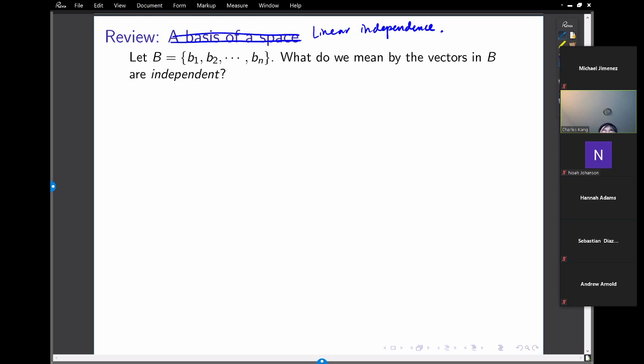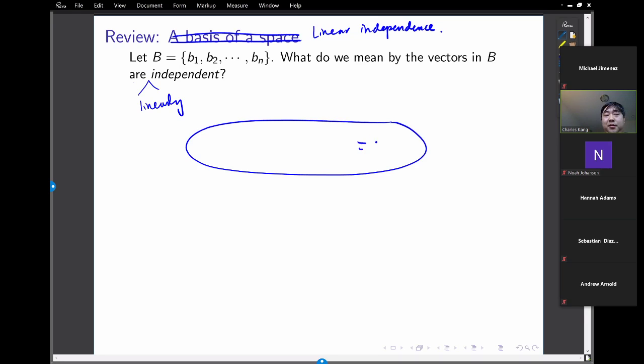Okay, so suppose you have a set B, and the set B has these vectors as elements. What do we mean by the vectors in B are linearly independent? So what was the definition? There was an equation, right? You set that equal to 0.